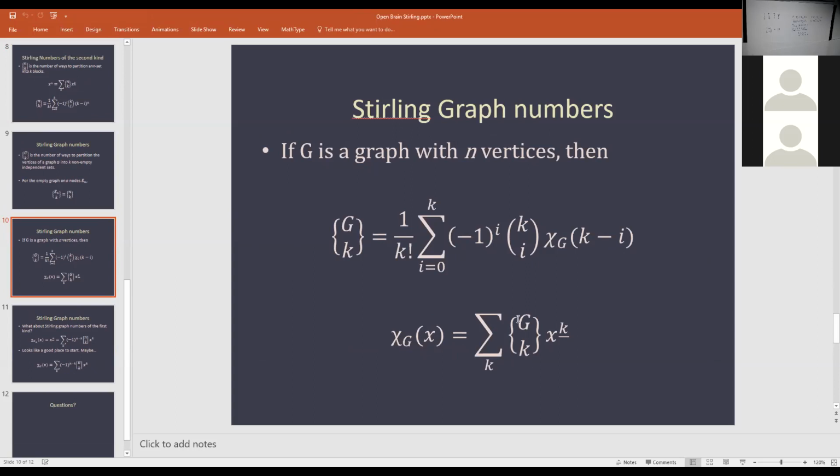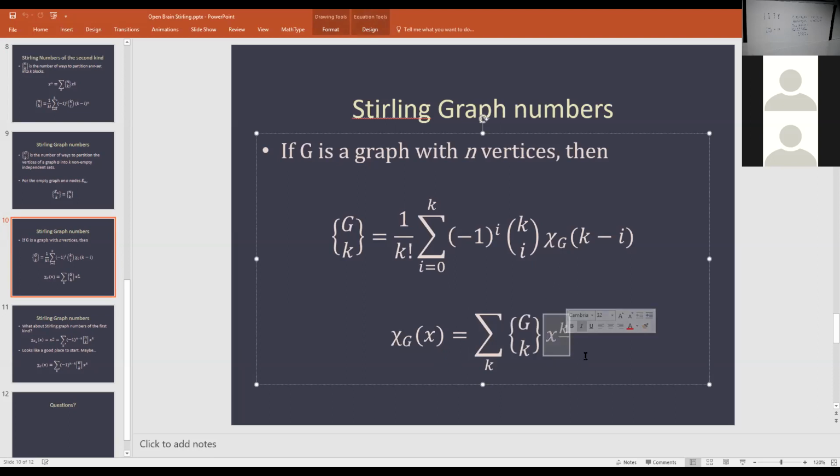So G block K times x to the k falling, summed over all the k, gives you the chromatic polynomial of G in X. So the Stirling graph numbers are the coefficients of your chromatic polynomial, but not the usual coefficients. They're the coefficients if you change the basis for your polynomial space to the falling factorials.